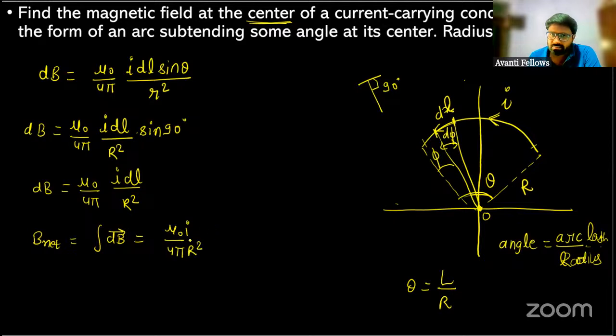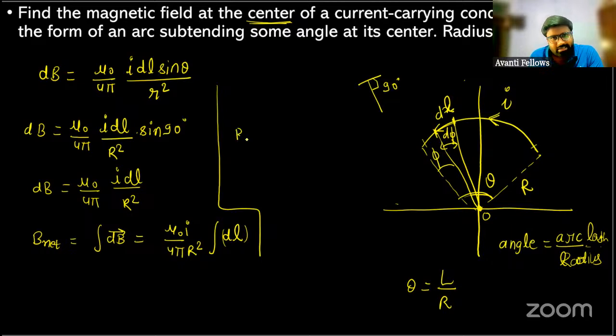These are constants, so the integration is only for dl. If you integrate dl, you are talking about the complete length of the arc, which we have calculated. It is theta into capital R.